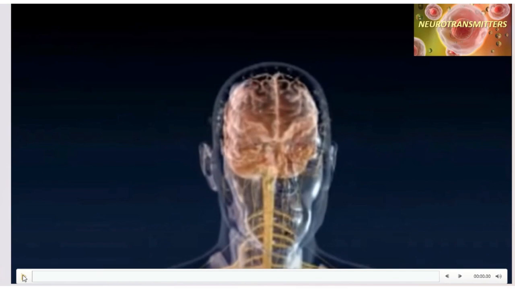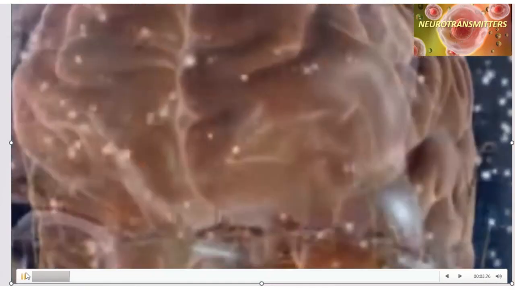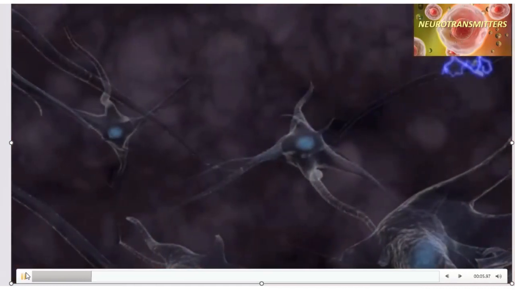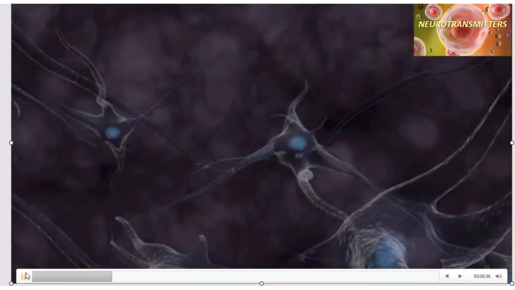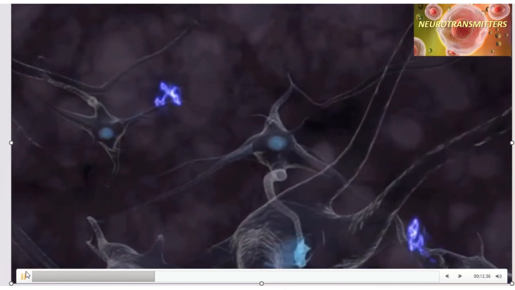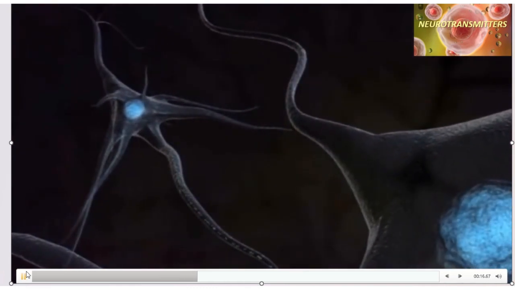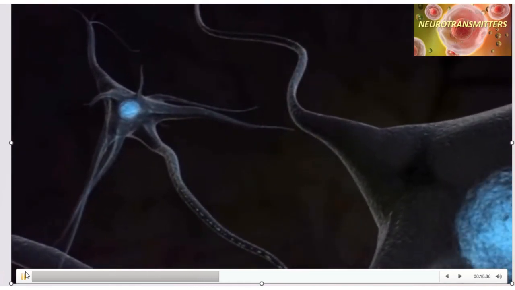And what you are going to see is how the brain is made up of a network of neurons, and how the signals are moving from one neuron to another neuron through electrochemical signals. What you are seeing here is the electrochemical signals which move from one neuron to another neuron.